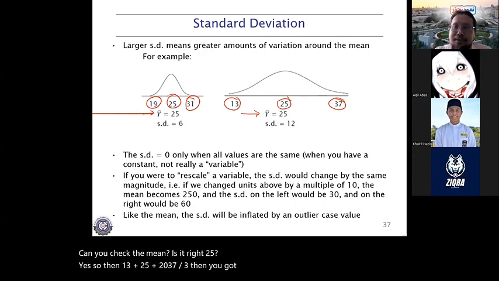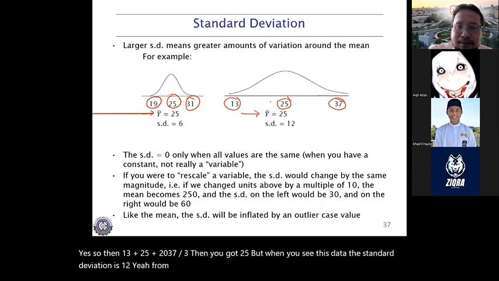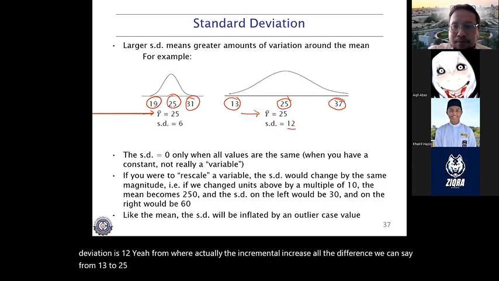But when you see this data, the standard deviation is 12. From 13 to 25 is 12, and from 25 to 37 is 12.